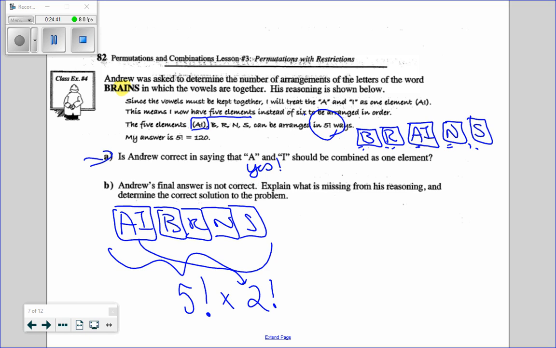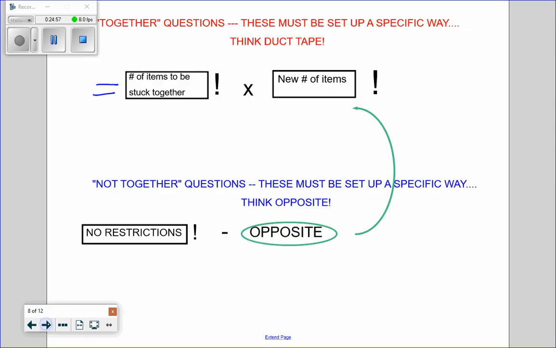So on this one, does it matter that I have the factorial sign there? No. But if I had 3 items stuck together, is timesing by 3 the same as timesing by 3 factorial? No, those are 2 different numbers. So whatever number you've got here, make sure that you factorial it, not just times it by 3. Times it by 3 factorial if you stuck 3 things together.